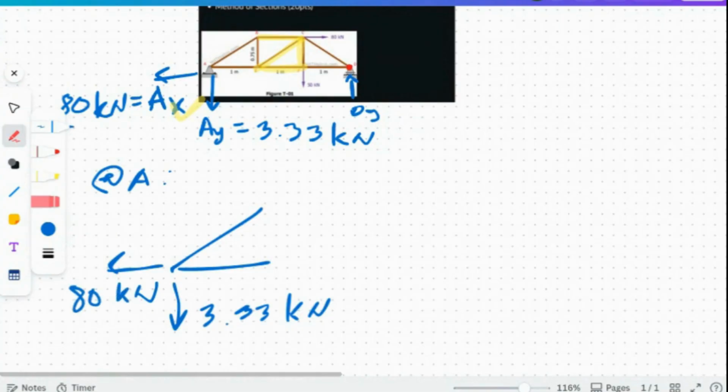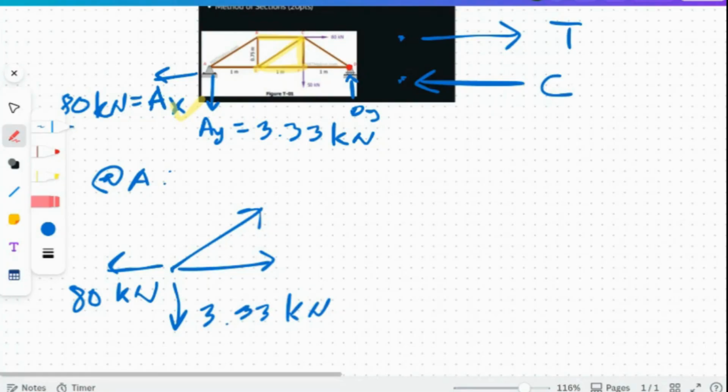All right. Now, I'd like to establish a convention. So forces going away from a node, we call that a tension. And forces going towards a node, we call that a compression, right?